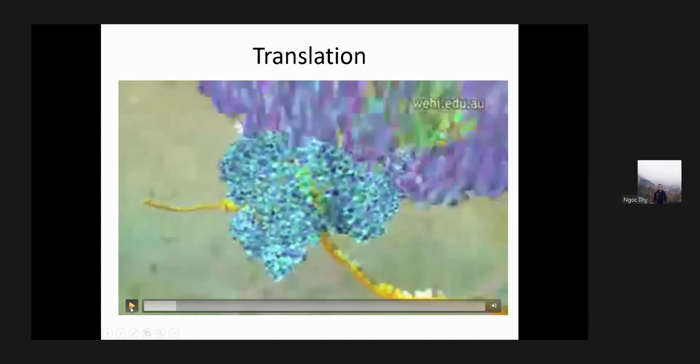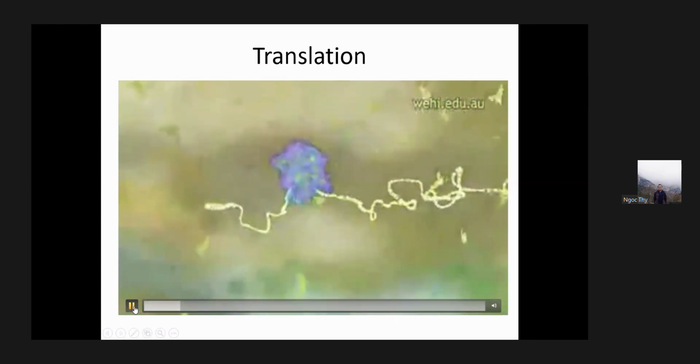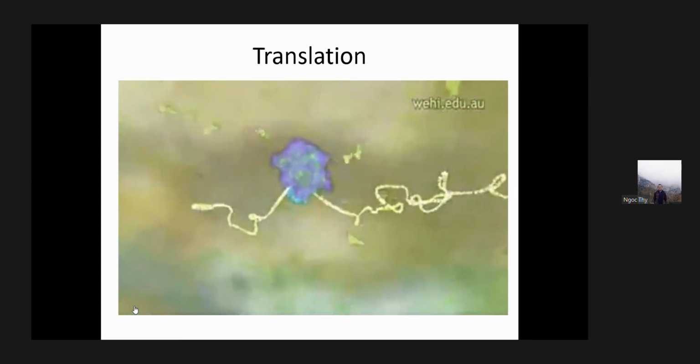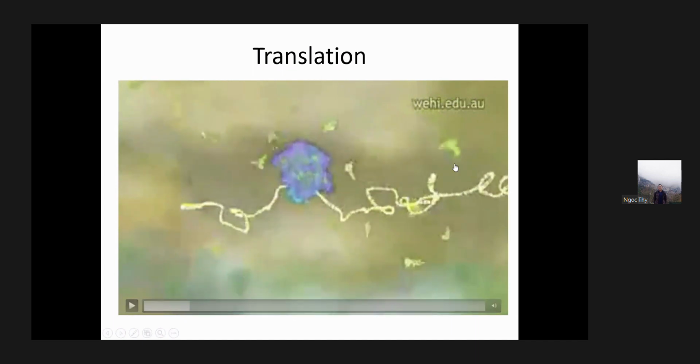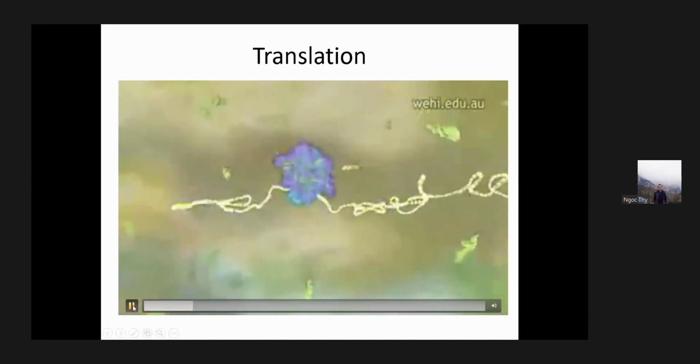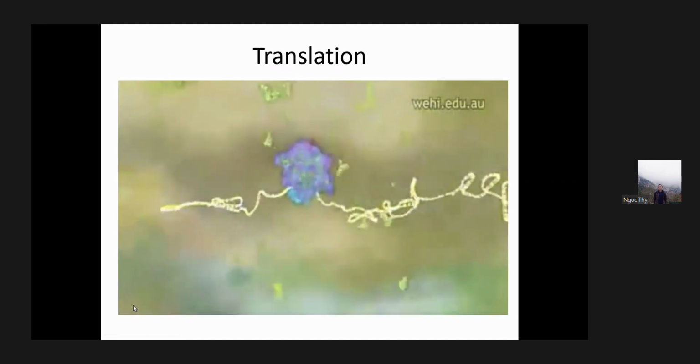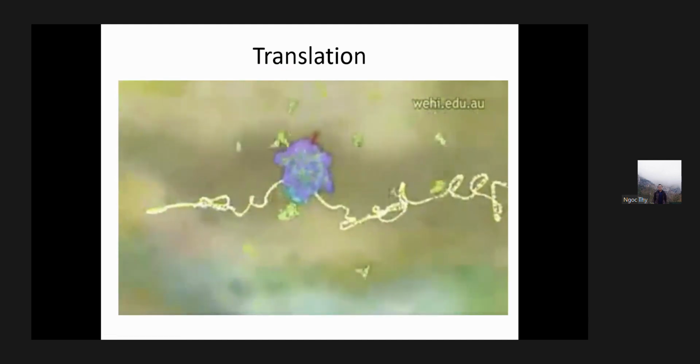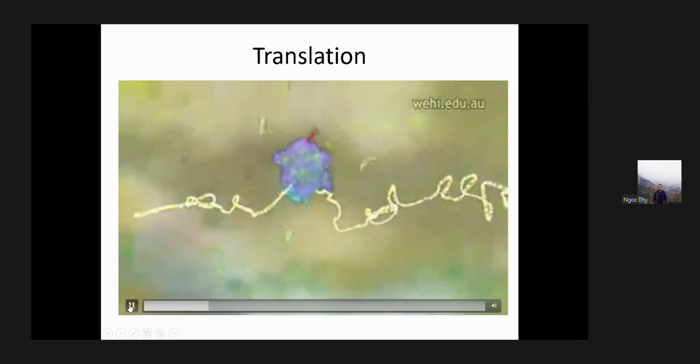So we have the ribosome, the small subunit and the large subunit, coming and binding to the mRNA to start the translation. Floating here are the tRNAs, carrying the suitable amino acids.